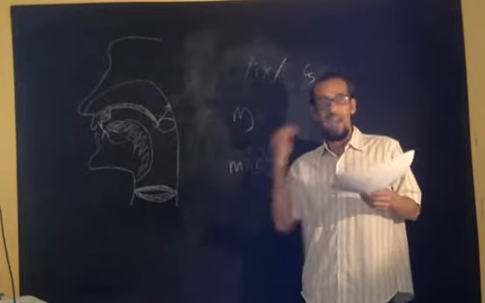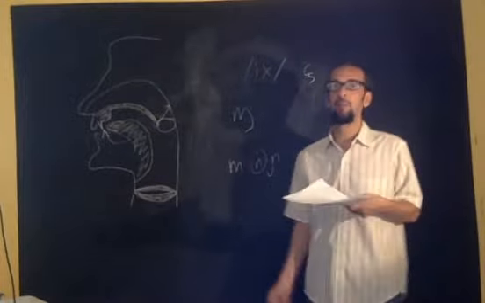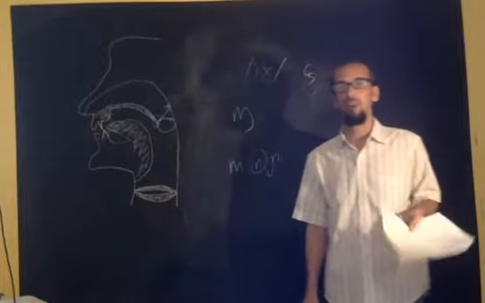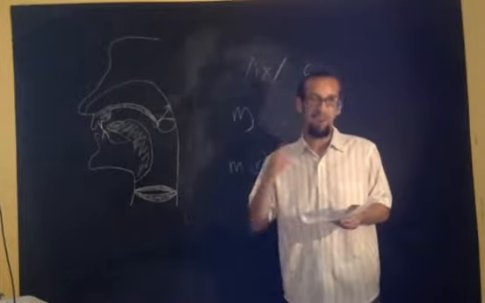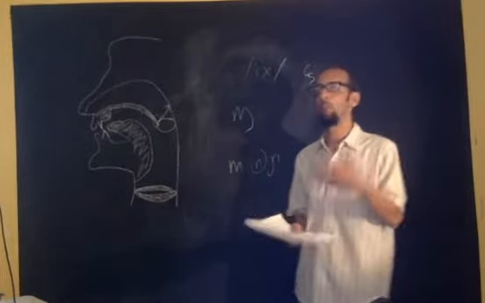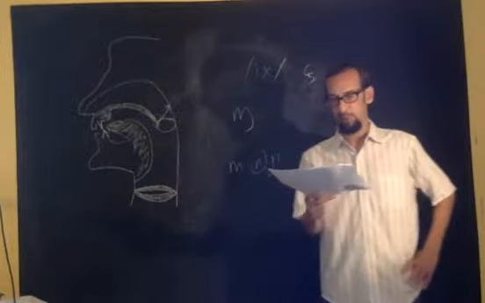And then after that, there's going to be some short period of frication, and possibly a transition to the next segment, which might involve voicing or not. And all of those different phases of a stop turn out to be fairly important to how we hear stops, and also how we produce them.